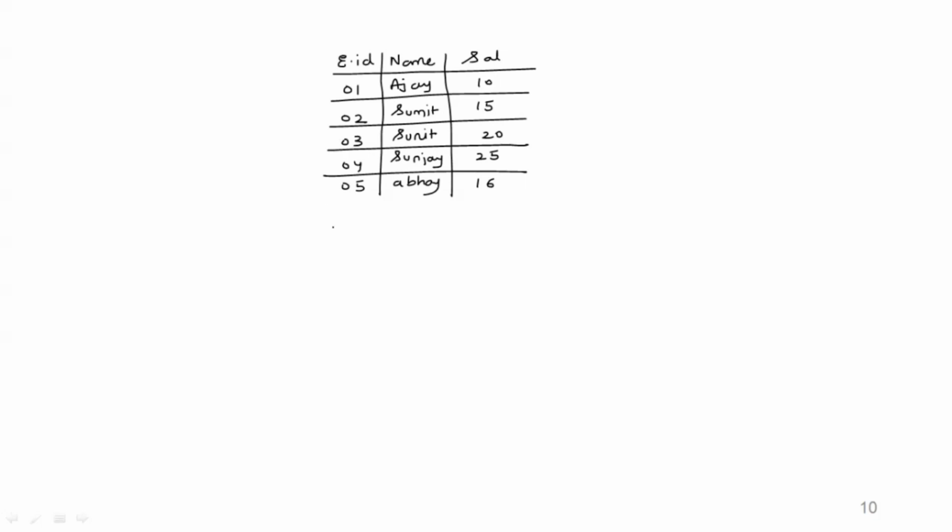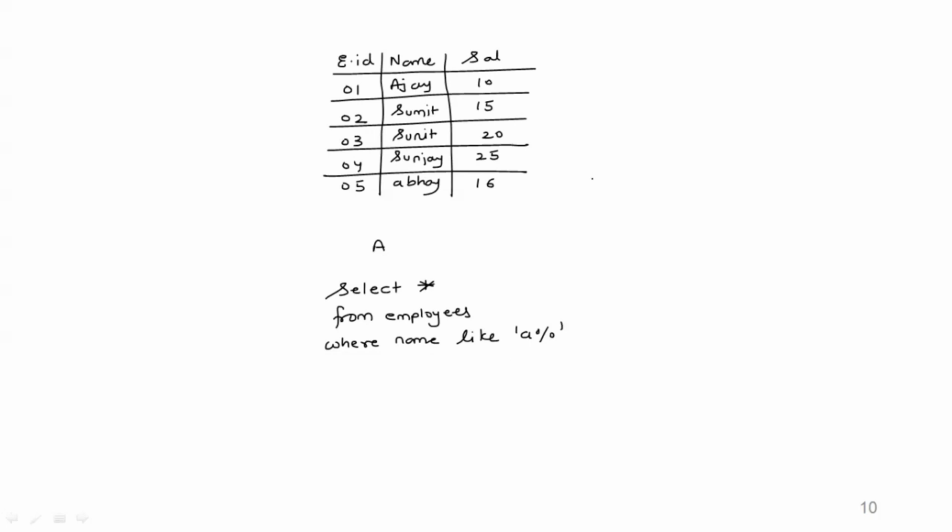Now I want to filter all those employees whose name starts with character A. So I'll say select star from the table employees where the field name LIKE, and then I have to define the pattern. The pattern will be A%.